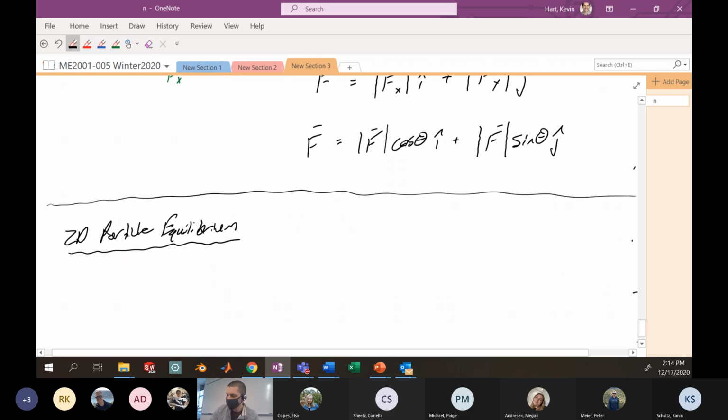And the idea generally here is that a particle is in equilibrium if the sum of the forces acting on that particle is equal to 0.